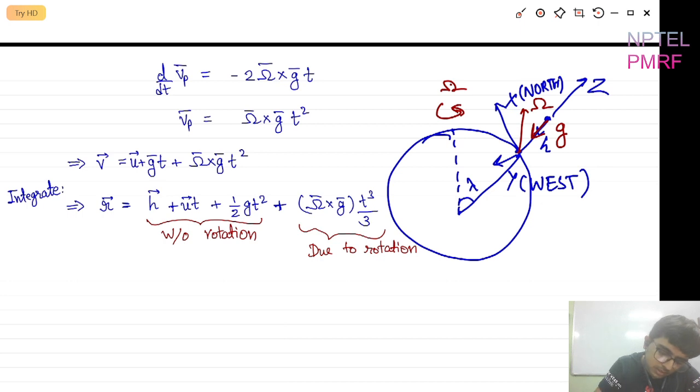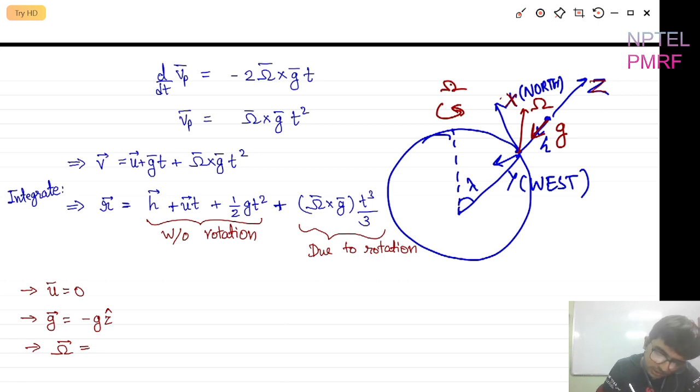So what would be our u? That is 0. We are just dropping it freely. Then g is given by minus g z cap. Omega has an x component, the north component, and a z component, right?